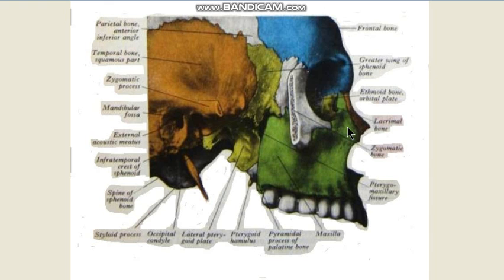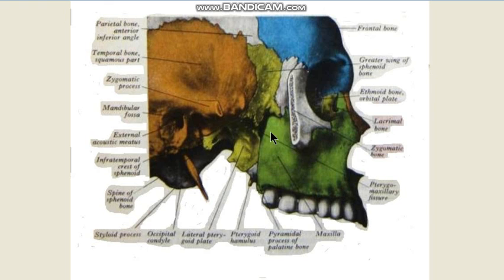And here is the frontal process of the maxilla, and here at the apex of the pyramidal body you can see the zygomatic process. And you can also make out that from this zygomatic process to the first molar you have a strong buttress of bone that is actually meant to transmit the powerful forces of mastication.